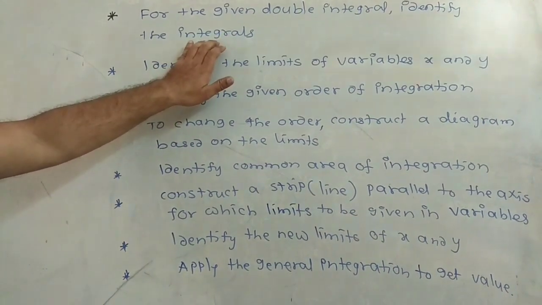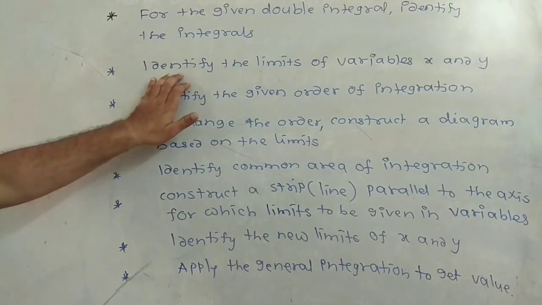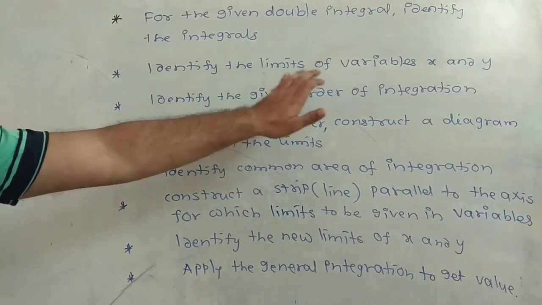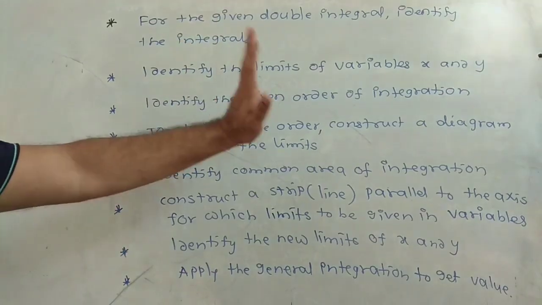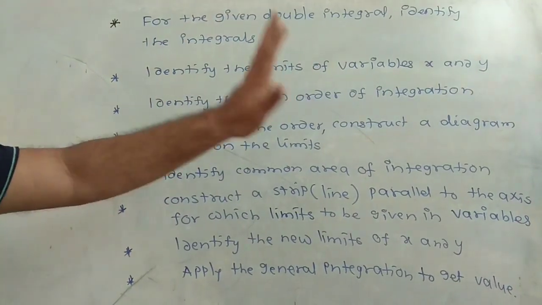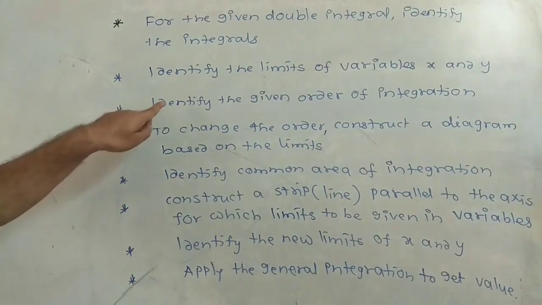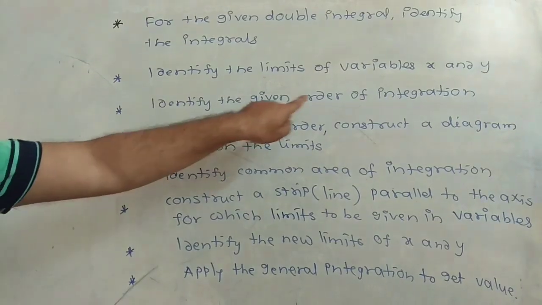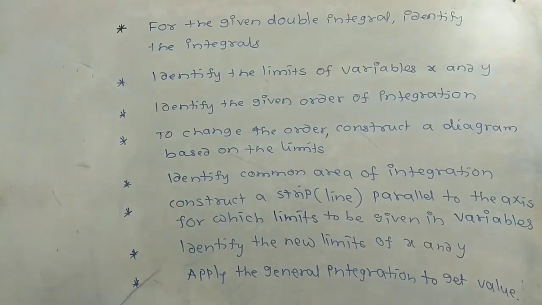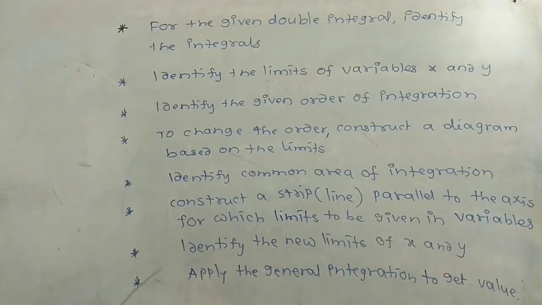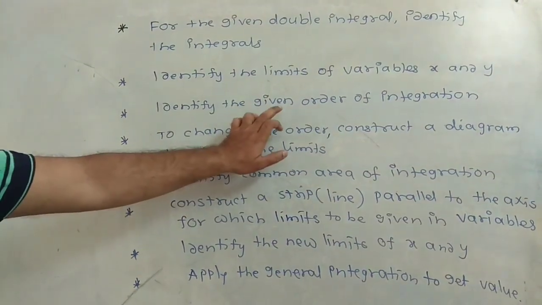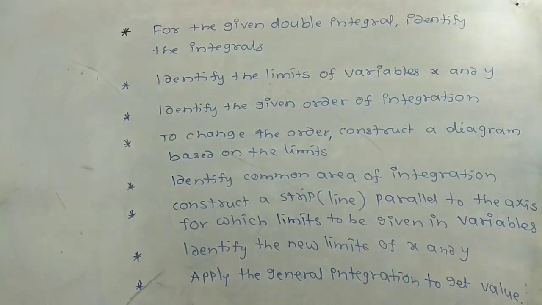That you identify first. Now identify the limits of variables x and y. You just write down the limits of x variable and y variable. Identify the given order of the integration. Either they may be in dx dy or dy dx. That you identify first, the order of the integration.